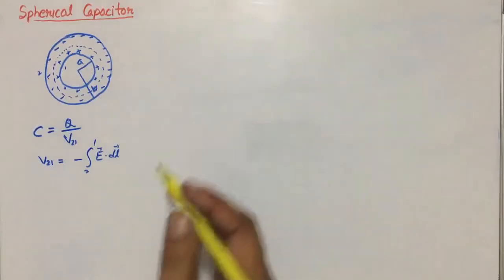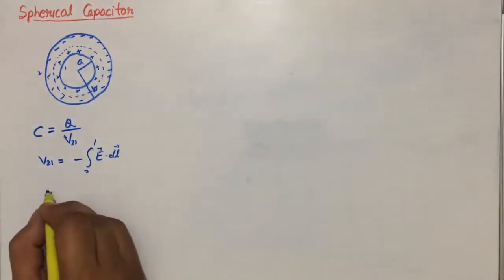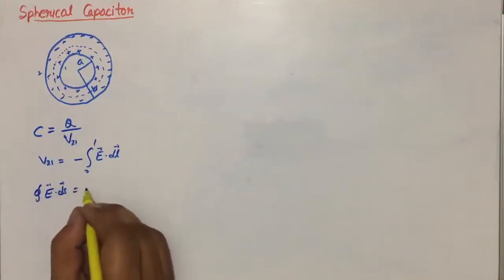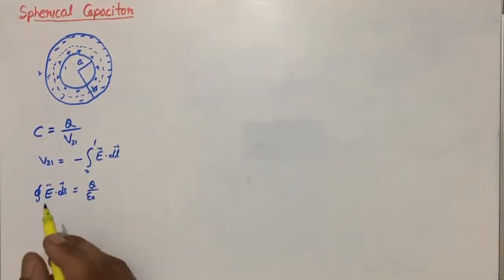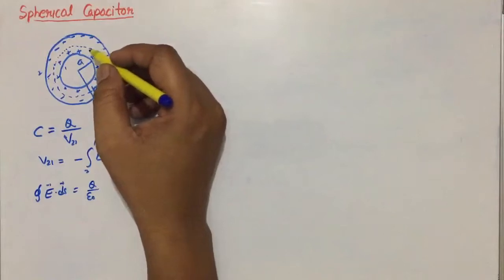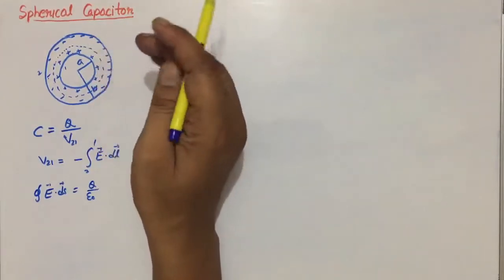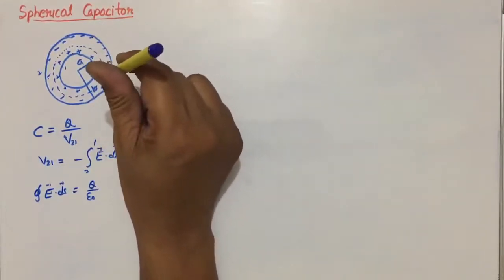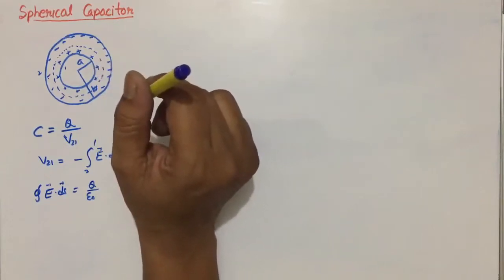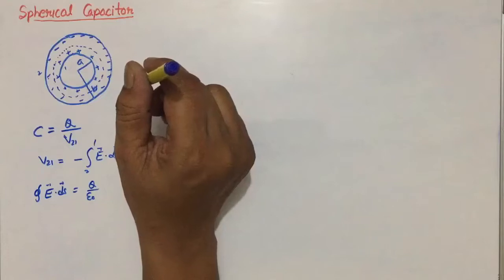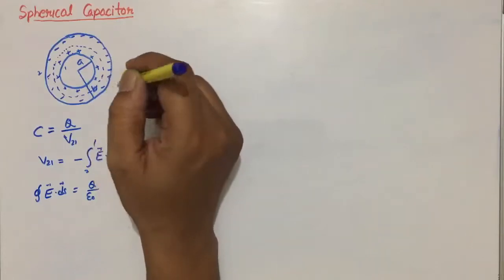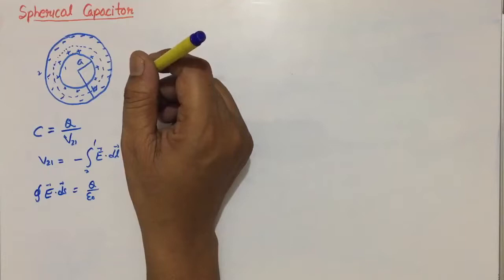So from that we can write the integral of E dot ds as the charge enclosed by epsilon naught. In any spherical surface the E is normal to the surface and the radial vector is also normal to the surface, that is from the center to the surface extension.